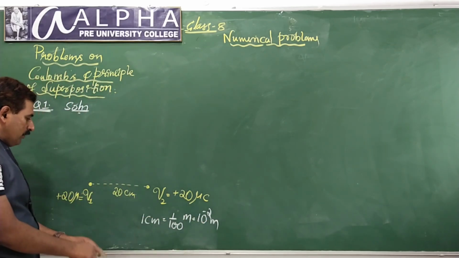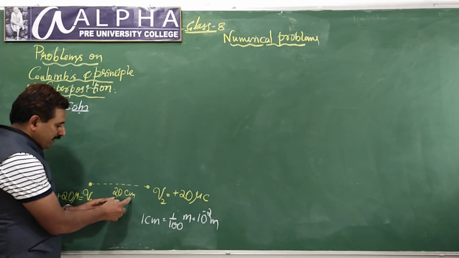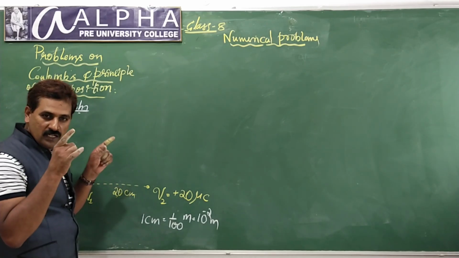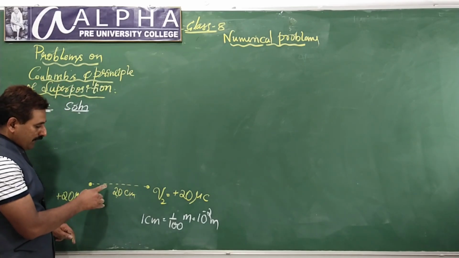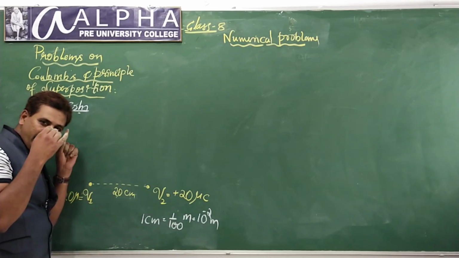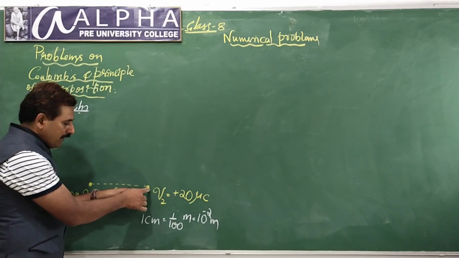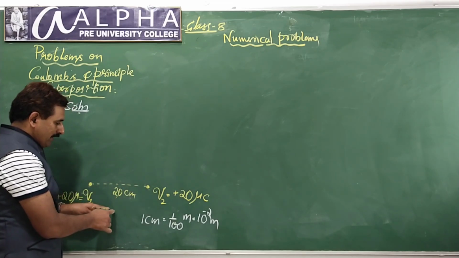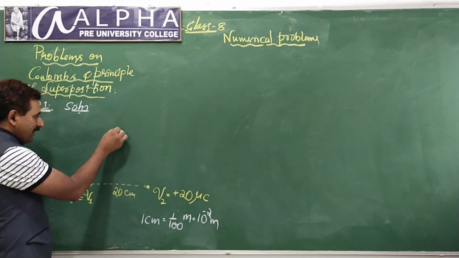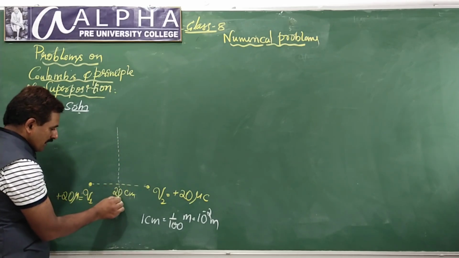Now with these two charges at a separation of 20 centimeter, one more charge is brought near these two charges at a separation of 20 only. From this 20, from this 20. Then where should you place that? For that, you just think of a line which bisects the line joining these two charges.